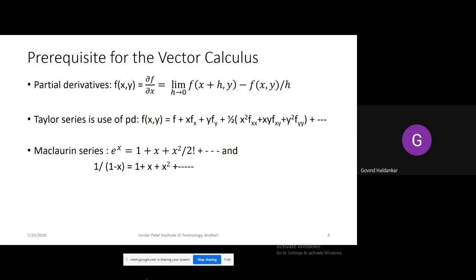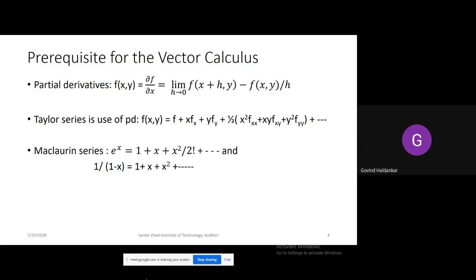Now here we define variables x and y. So the partial derivative with respect to x is written here as an example. So what is the definition of del f by del x? The partial derivative we call del f by del x. So here we are defining it as the limit h tends to 0 of f of x plus h comma y minus f of x comma y, divided by h.